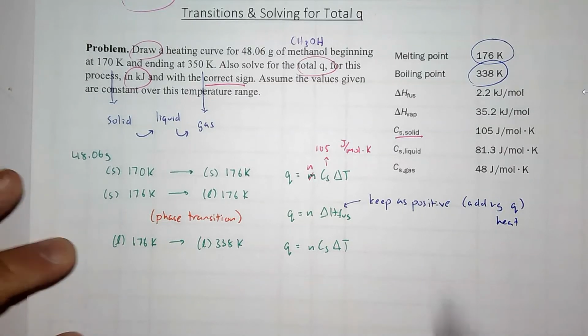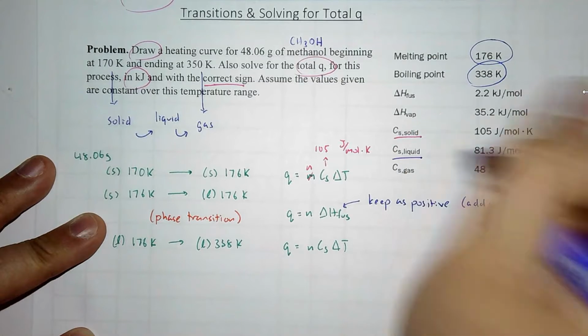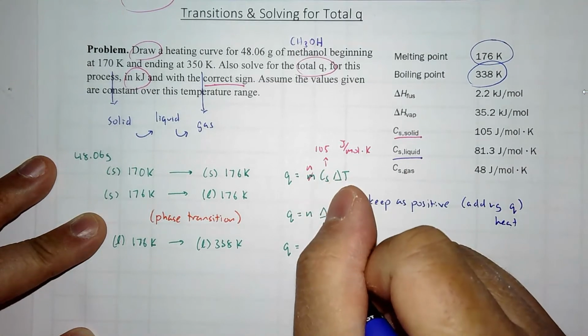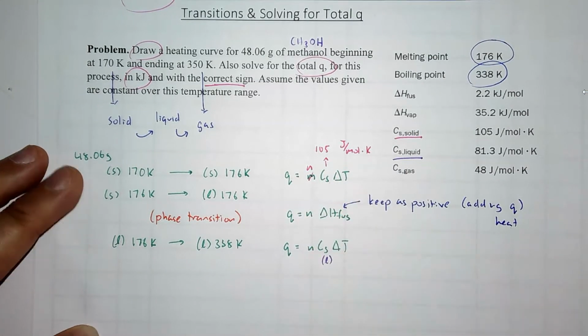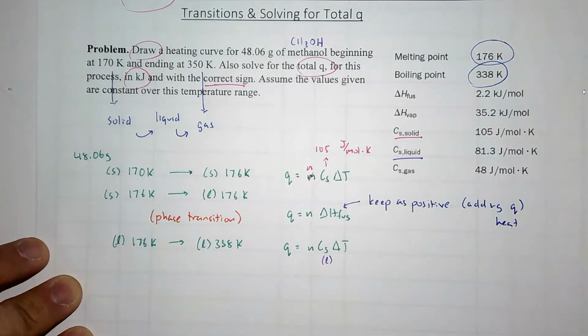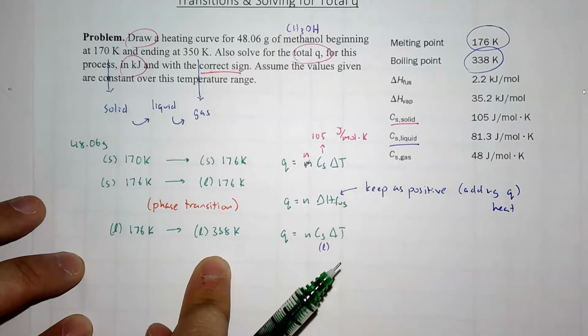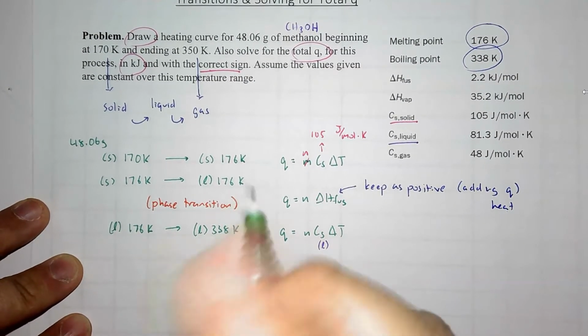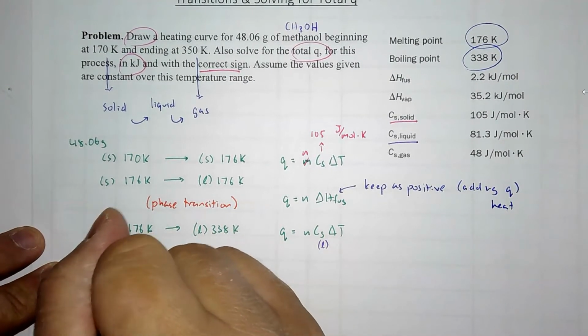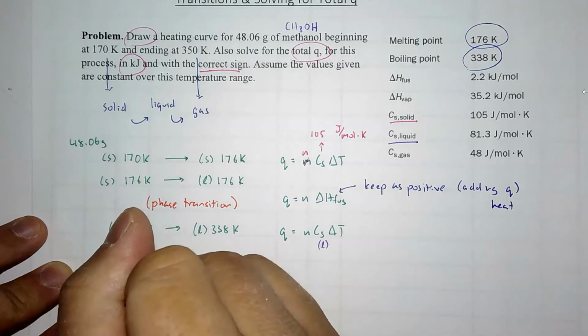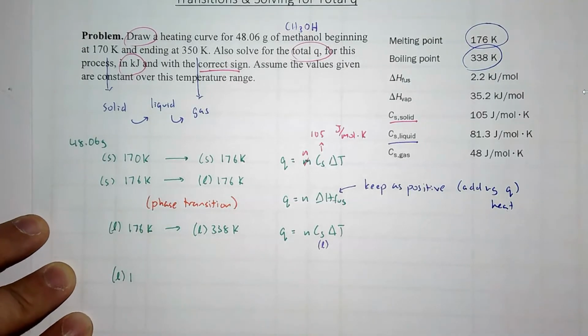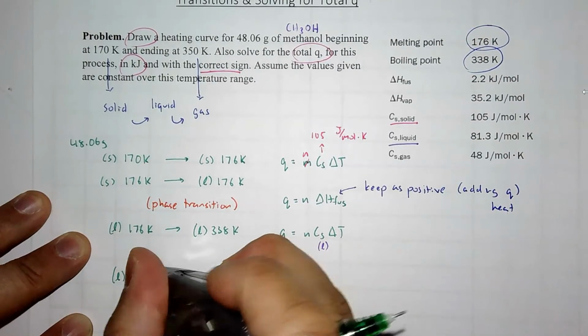Let me try to at least color code this a little bit. This is of the liquid. We're at the point where we need another phase transition from liquid to gas. So liquid at 338 K.